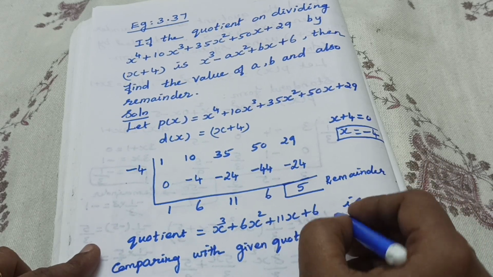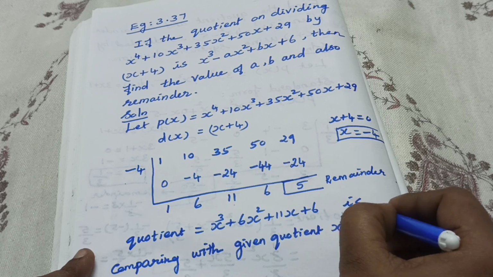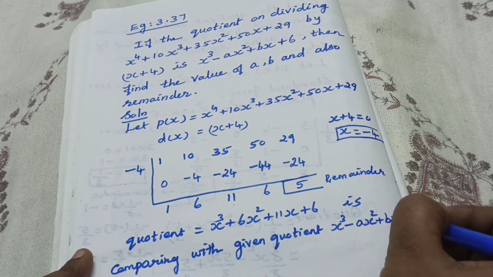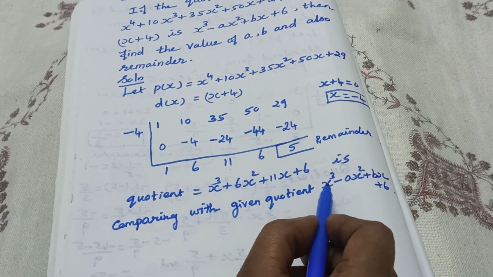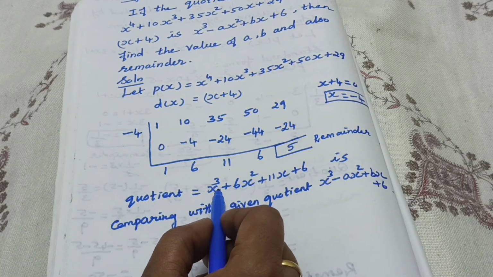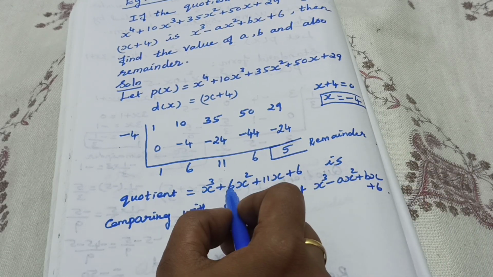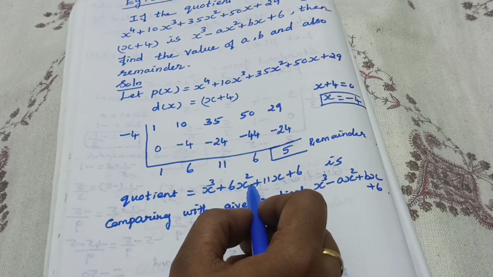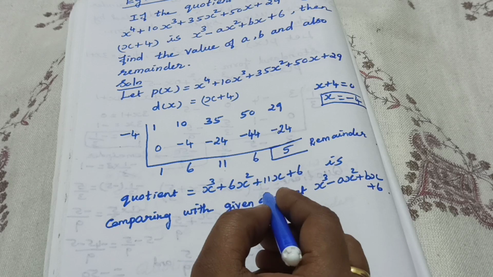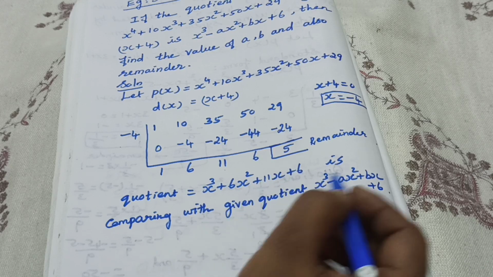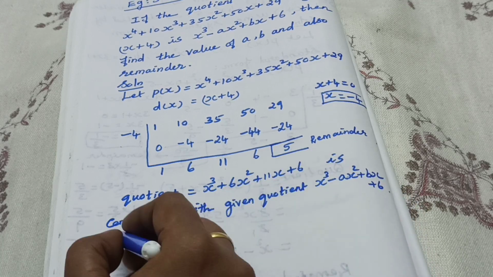You should write that quotient. Here x cube is there. Here minus ax square, whereas 6x square we got. This quotient we have to compare. The coefficient of x square is 6, and here it is minus a. These two we have to compare.